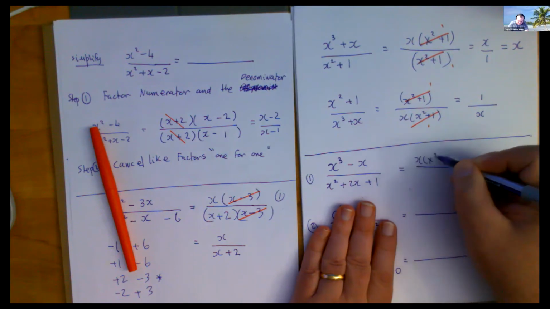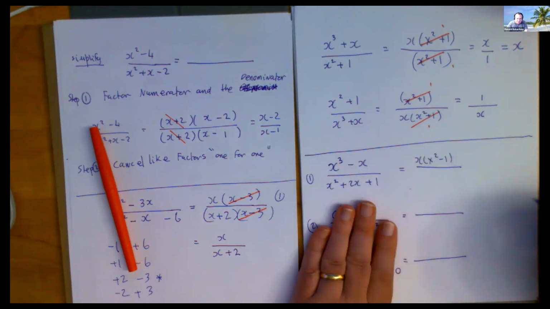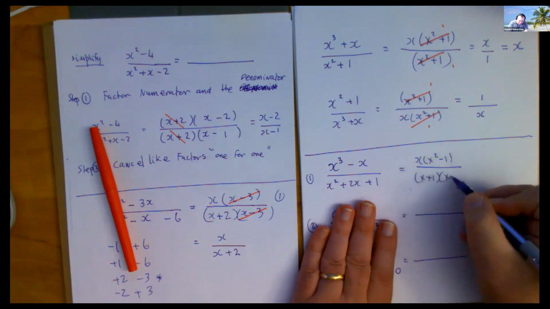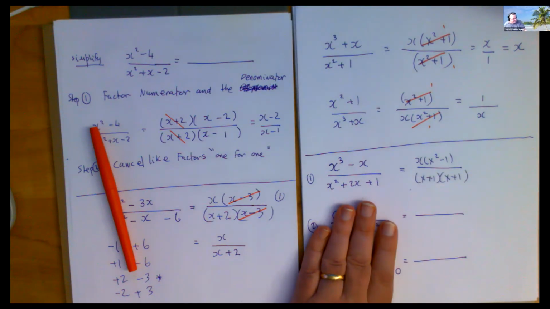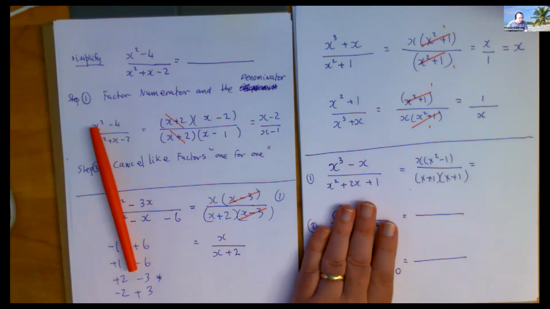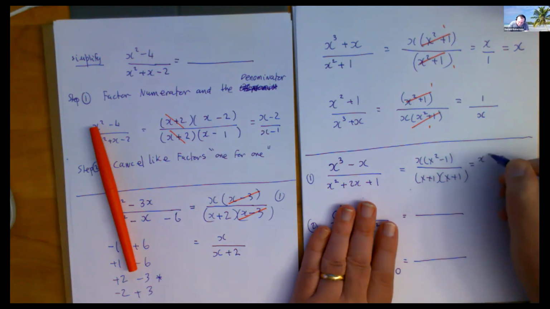Great. Would you agree that the bottom is a trinomial or quadratic? It's quite an interesting one because there's not really that many choices. Agreed? Now, superficially, you will look at that and think, oh, you can't actually simplify it at all. But that's not, strictly speaking, true. Sometimes when you factor a thing, you realize that you can factor it some more.